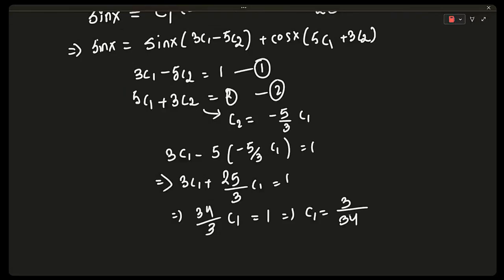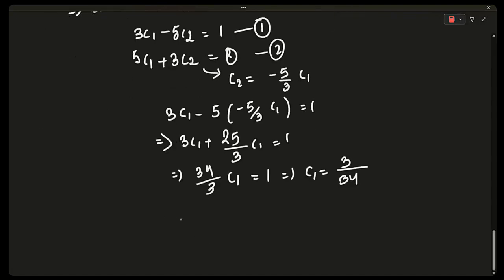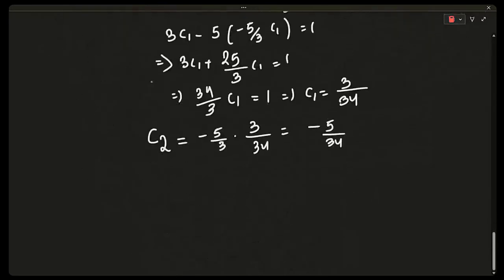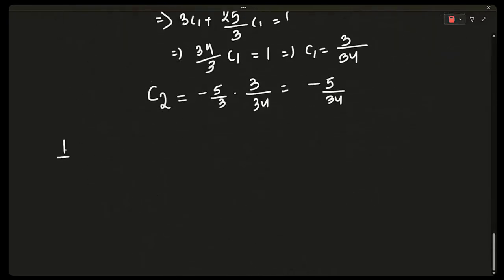Now, once you have 3 by 34, we can also find out C2, right? What would be C2 then? Well, C2 would be simply, as we talked, minus 5 by 3 into 3 by 34, which is minus 5 by 34. Now we have C1 and C2, and we can write this. So our integral I simply becomes 136 times the integral from 0 to pi by 4.